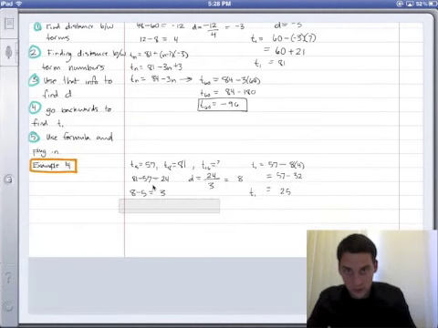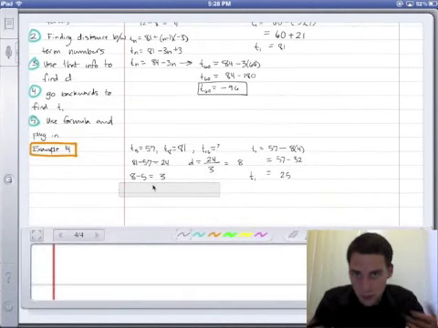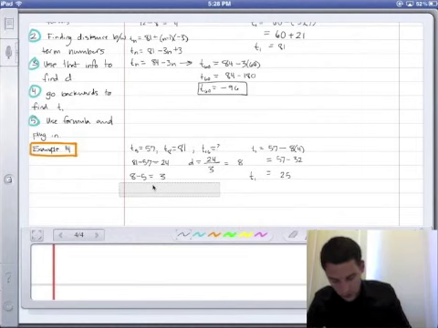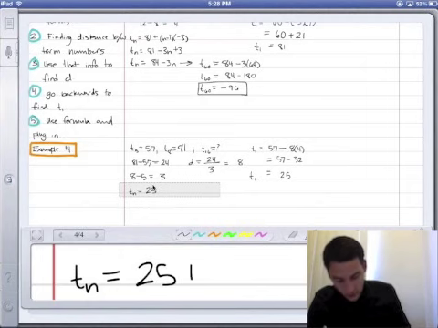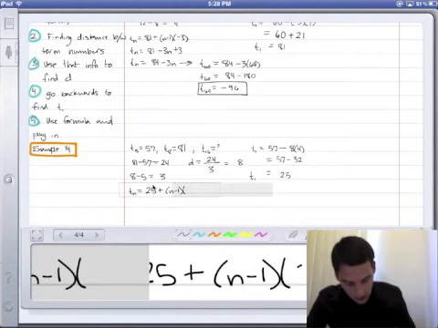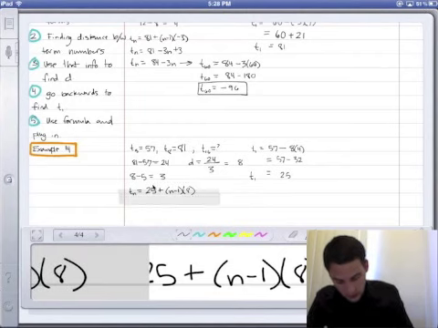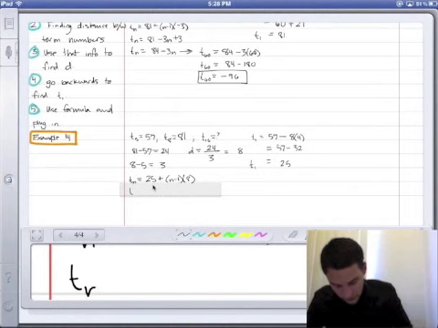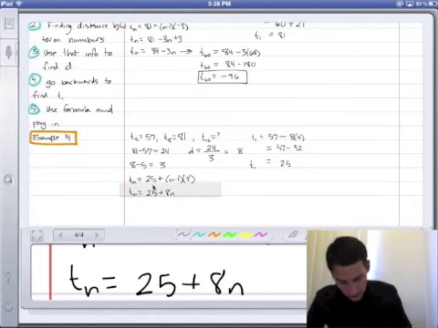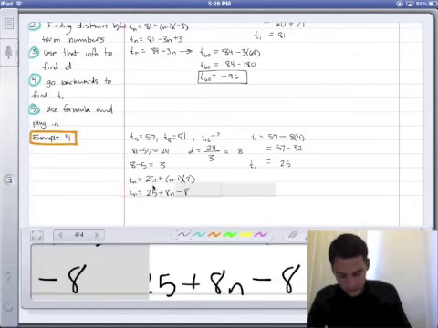Now that I have T sub 1, I can make a formula, and then I can just plug in 16. So here we go. T sub n equals 25, because that's the first term, plus n minus 1 times d, which is 8, and simplify. T sub n equals 25 plus 8n minus 8.